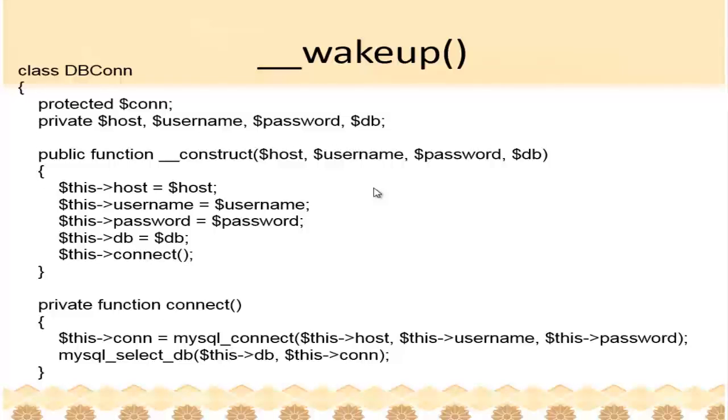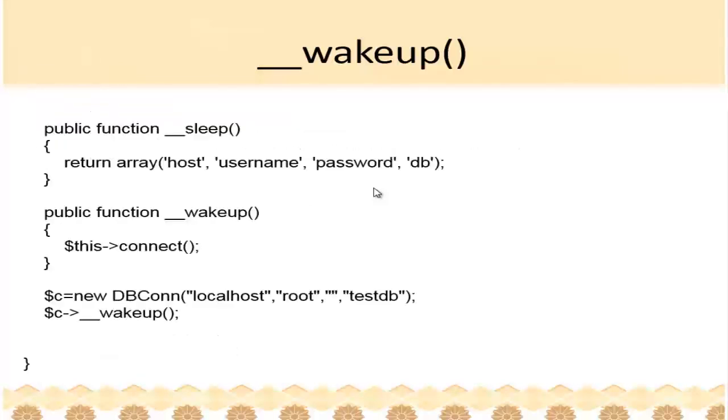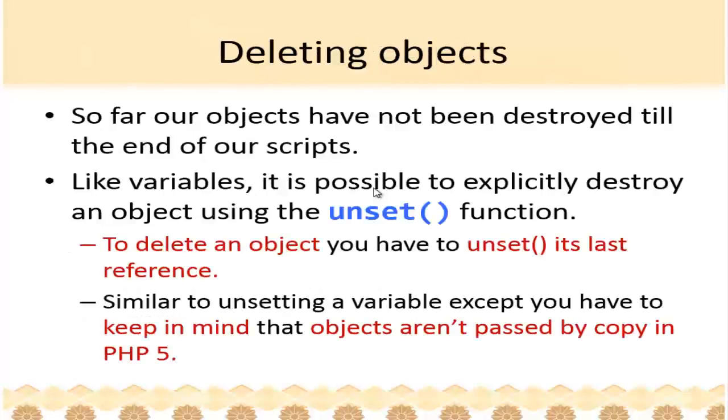So when you are coming back, if this is unserialized, what are you supposed to do? When it is woken up, after unserialization, you re-establish the connection and then use it. So when this object is serialized, all the content will go except the database connection, because when it is coming back, you get all the values and make a fresh connection to the database. So that is the one.